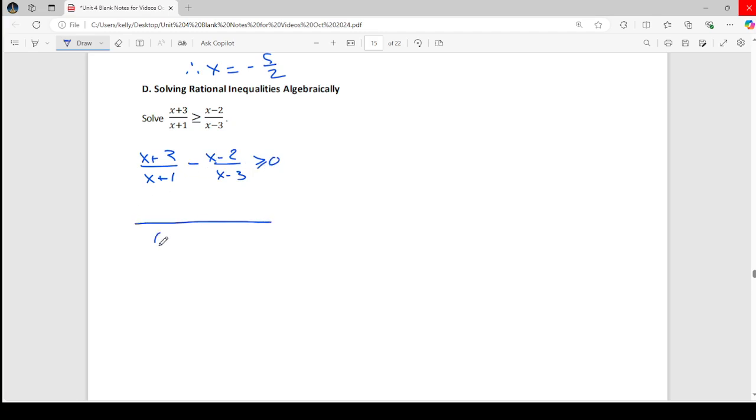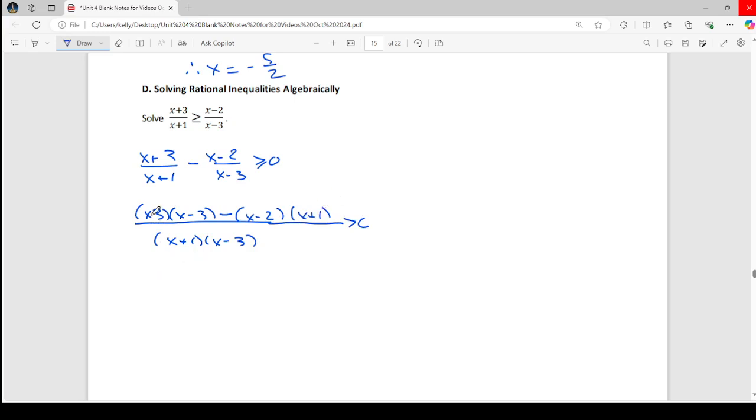Then I want a common denominator of x plus 1 times x minus 3. X plus 3 needs to be multiplied by the other denominator, which is x minus 3. And x minus 2, so in brackets because of the negative, needs to be multiplied by x plus 1.